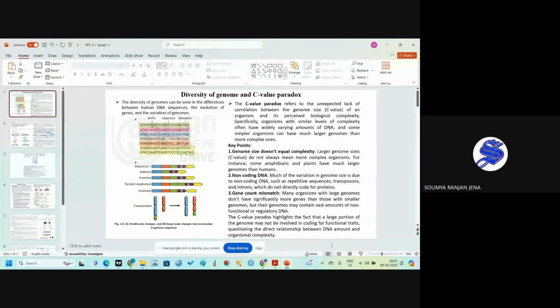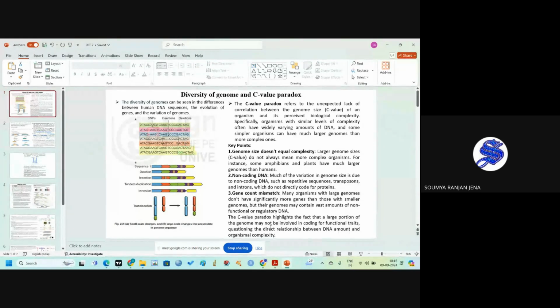So the C value paradox highlights the fact that a large portion of the genome may not be involved in coding or functional traits, because in our genome, out of 100%, only 2 to 4% gives rise to protein, the others are non-functional.